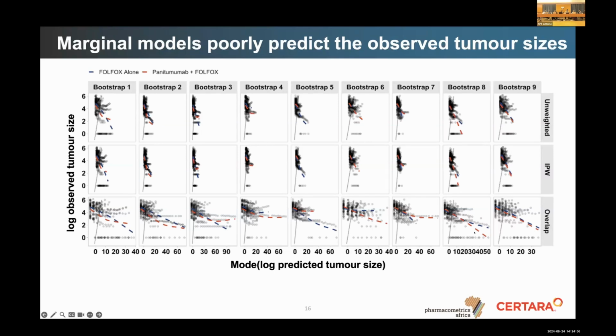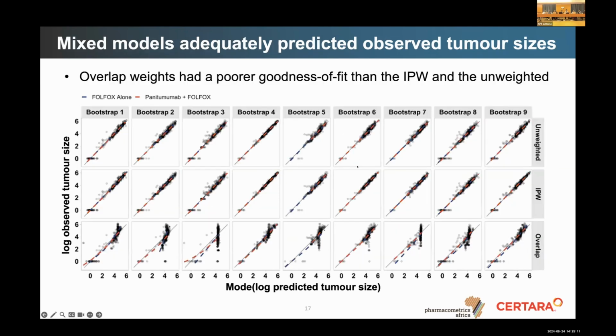And here you would see that the predicted tumor sizes are a bit large. So this is not a good model fit. So going forward, we are not presenting this, but we are going to revisit it in the next steps. Otherwise, for the mixed model here, we see some adequate fits from the unweighted, which is our reference.